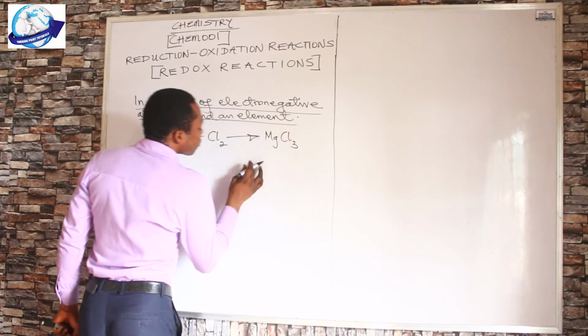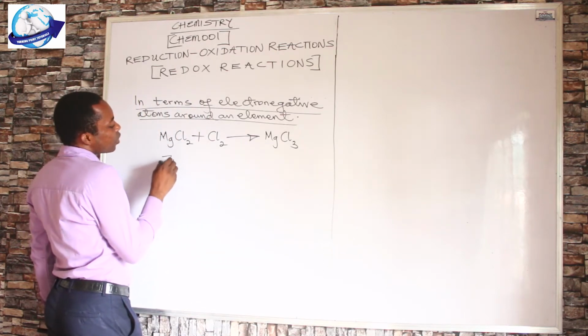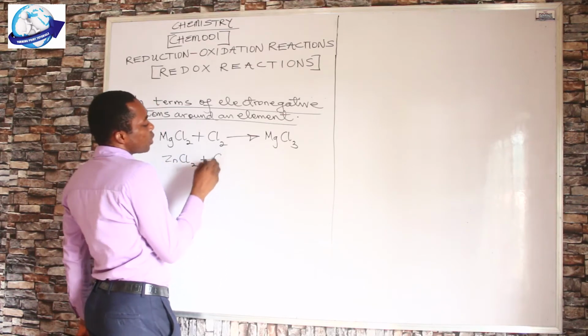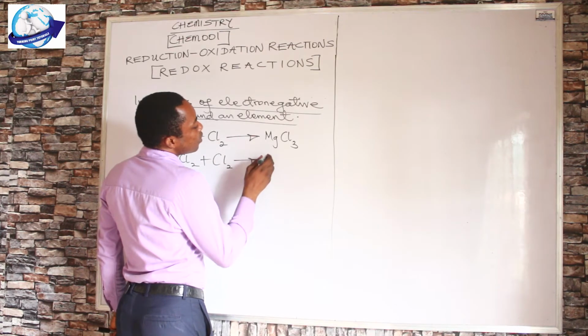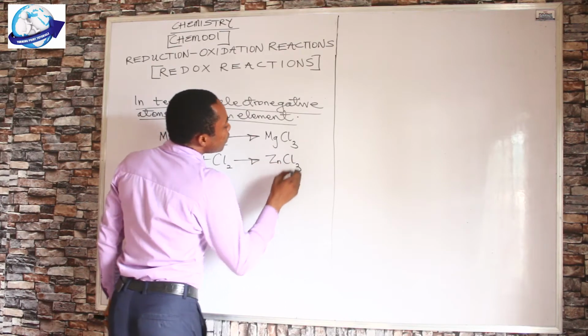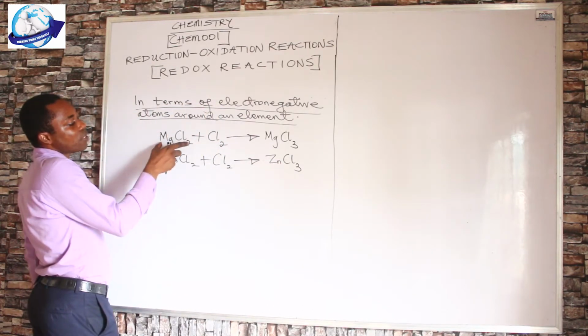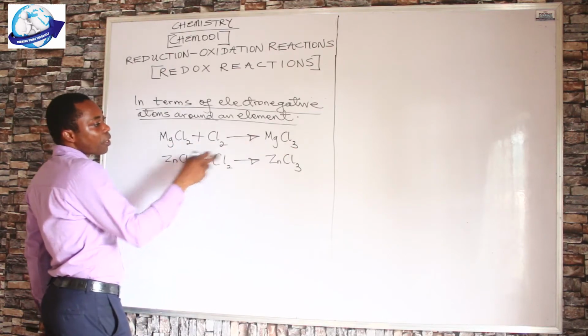Or we can come to another form: you see zinc chloride, and you have an addition, and then it becomes zinc chloride like this, and there's an increase. Right here we have only 2 chlorine, but right here we have 3 chlorine.